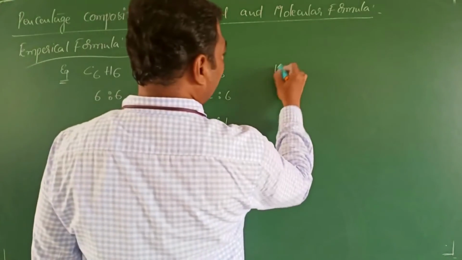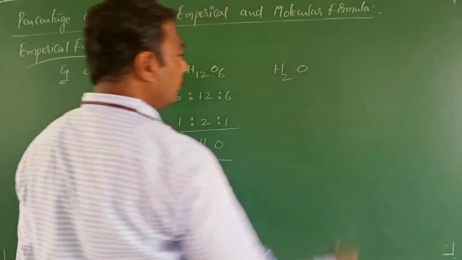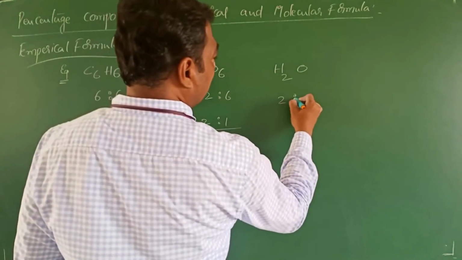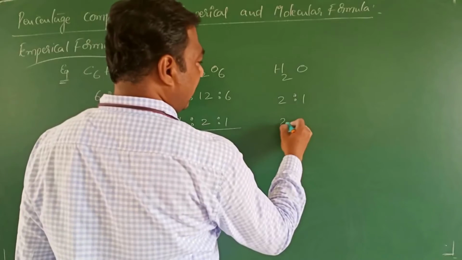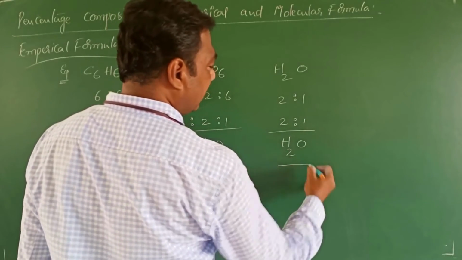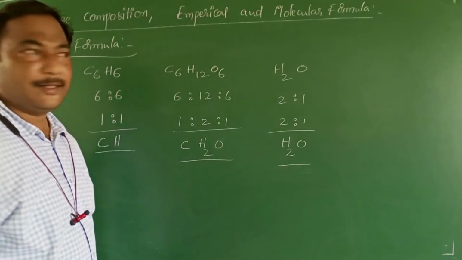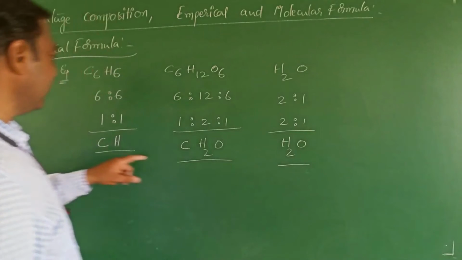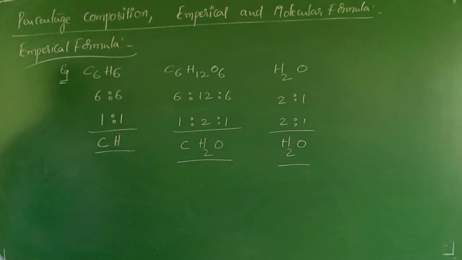Now take the water molecule, H2O. In this, the ratio is 2:1. The same ratio will be there, that is 2:1, and the formula will be H2O only. That means here the molecular formula and empirical formula are the same.